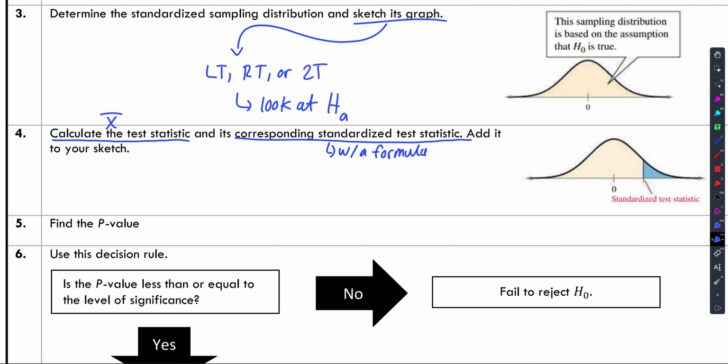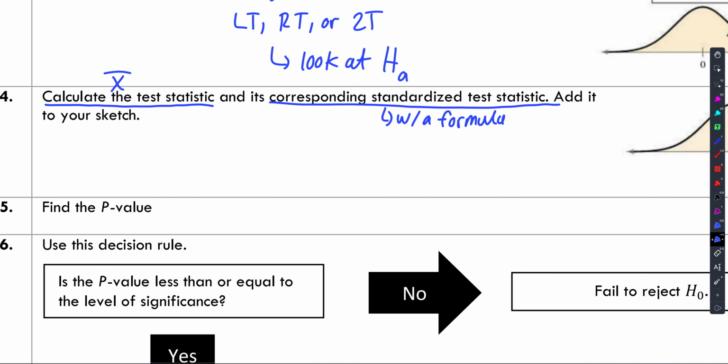And let's go ahead and write down the formulas again. Okay, so if sigma is known, then your formula for your standardized test statistic is z equals x bar minus mu divided by sigma over the square root of n. Okay, if sigma is unknown, we're going to use what?